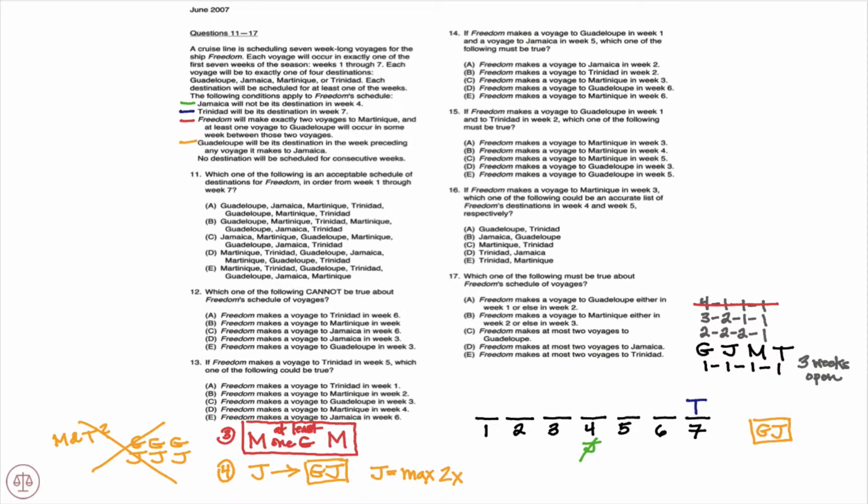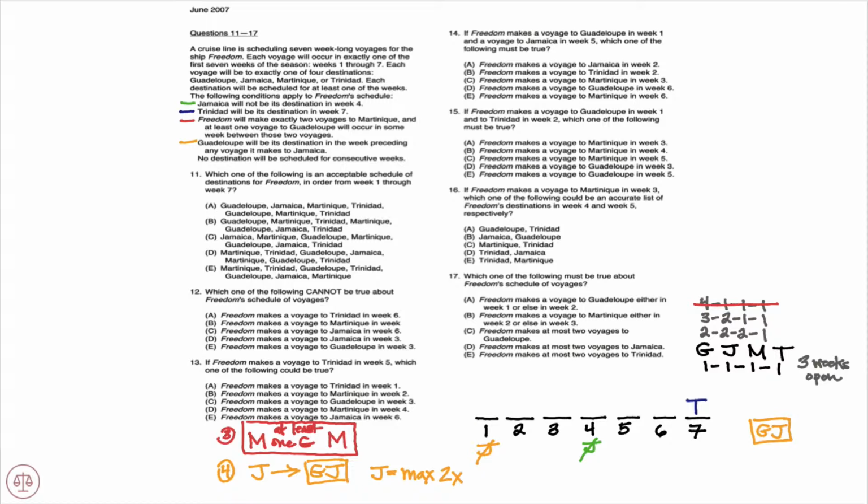So Jamaica can only appear maximum twice. And one last deduction we can make from rule number 4 is that Jamaica cannot be first, because if Jamaica was first, we would not have a week preceding it for Guadeloupe.